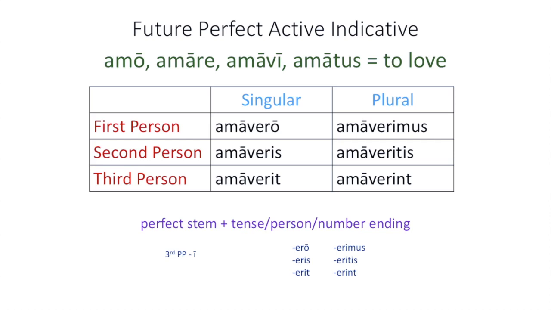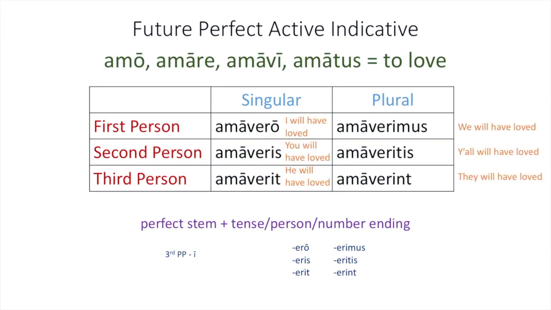The only difference is that your third person plural is int instead of unt, because that erunt form was used in the perfect.